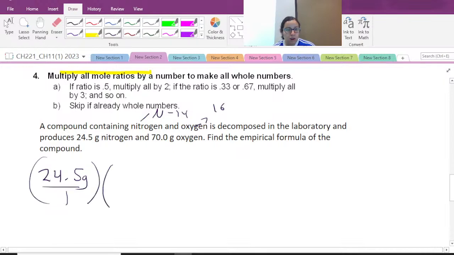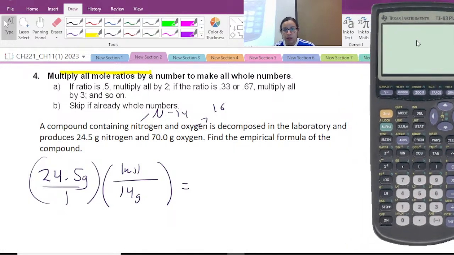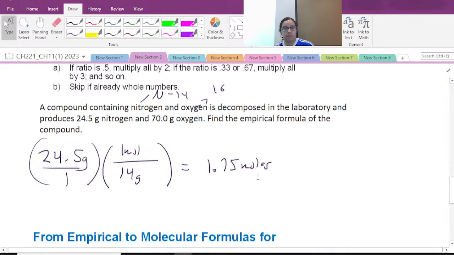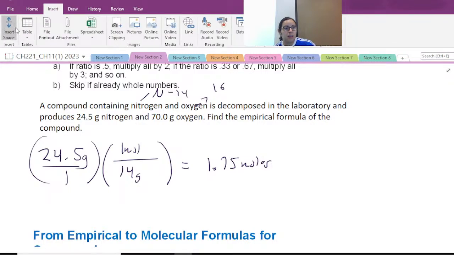In this case, don't double it. So 1 mole is about 14 grams for nitrogen, and I get 1.75 moles of nitrogen. Just making sure I get your affirmation so I know. Yes, that's what I got.